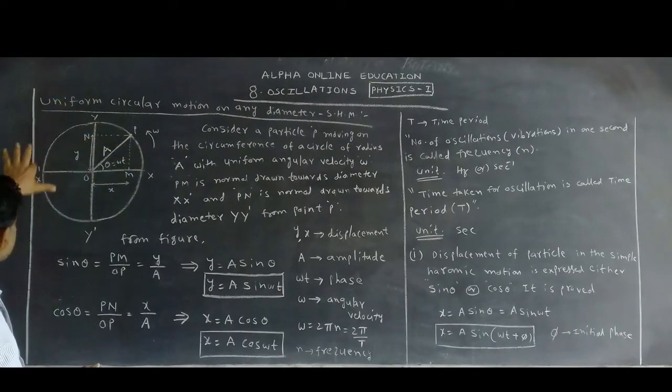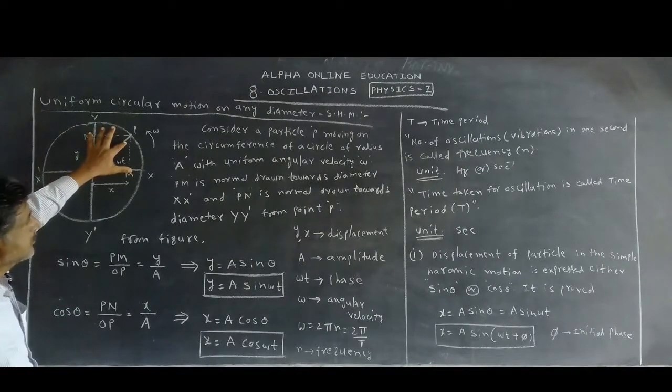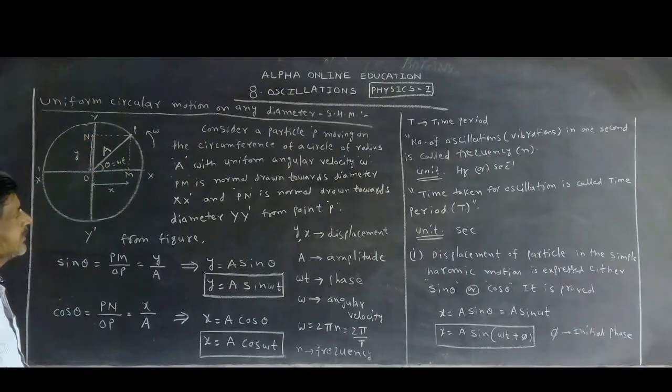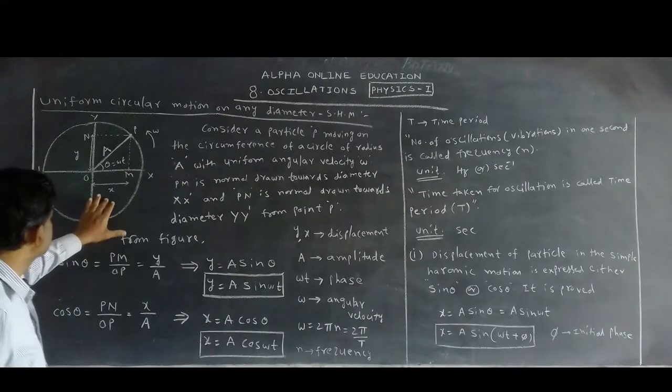Along the circumference of the circle, one particle is moving with a uniform angular velocity. What is the symbol for angular velocity? Omega. Now let us see.